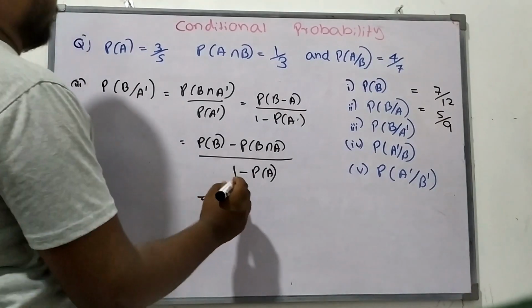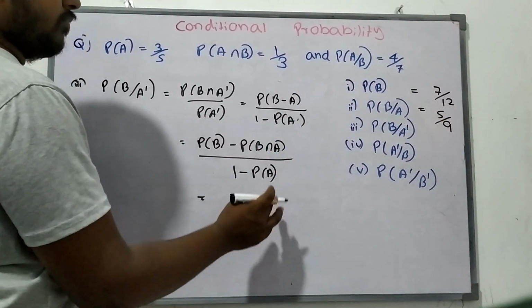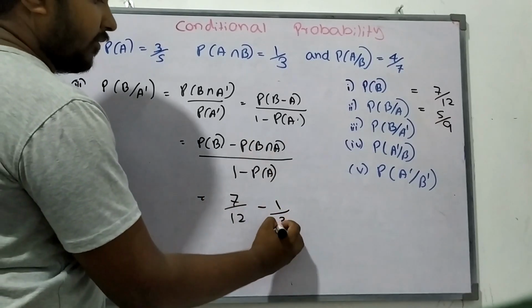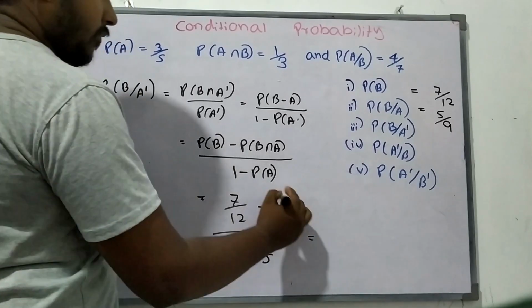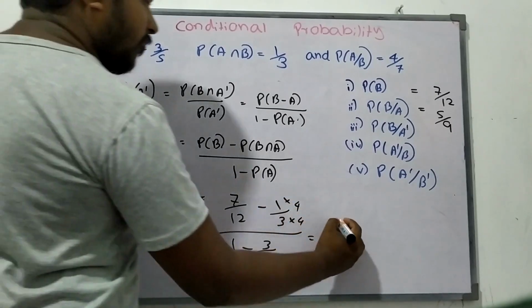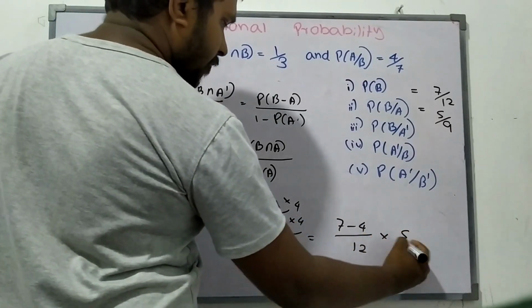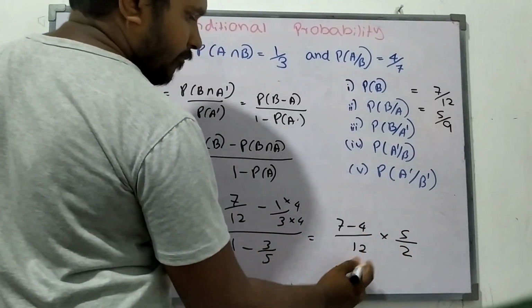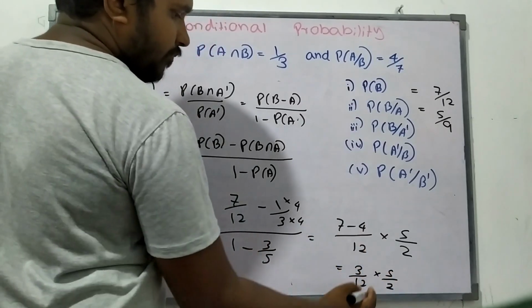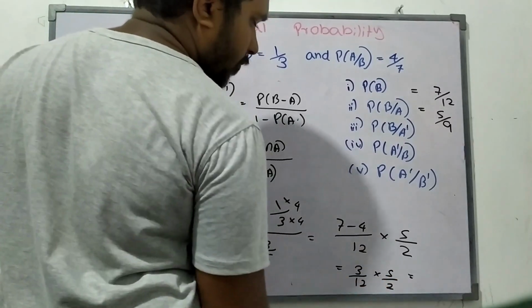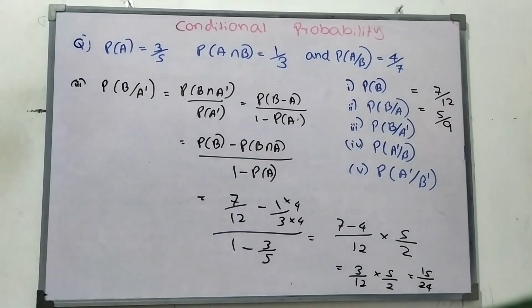P(B) means 7 over 12. Intersection is 1 over 3. P(A) means 3 over 5. So I am going to multiply it by 4. 7 minus 4 over 12, 5 over 2. Alright? 5 over 2. 15 over 24.